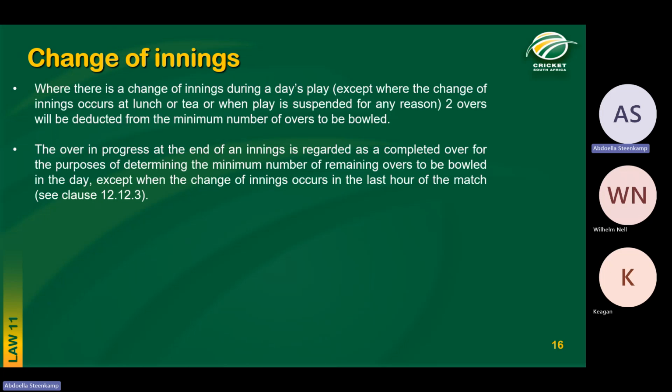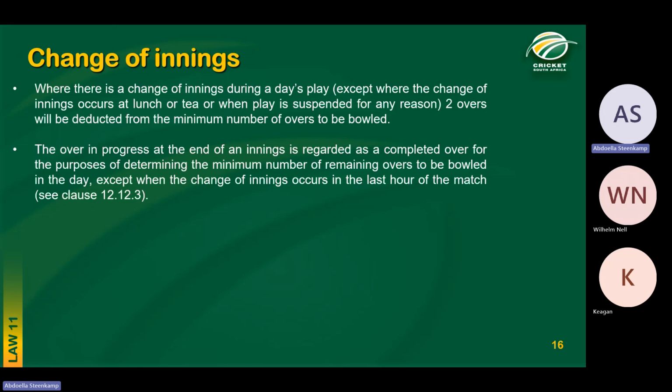Meaning, let's say we had over 64.2, and on the third ball of that over, at 64.3, the 10th wicket gets taken, and now there's a 10-minute change of innings interval. So it's now 64.3. What happens to 64.3?